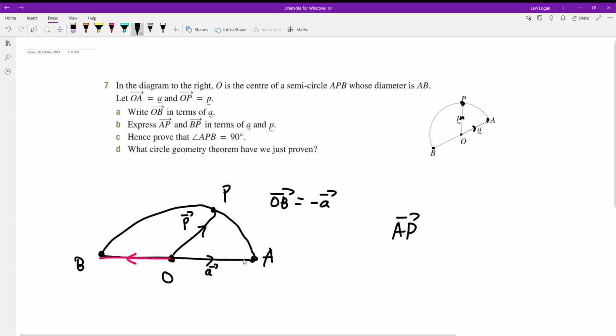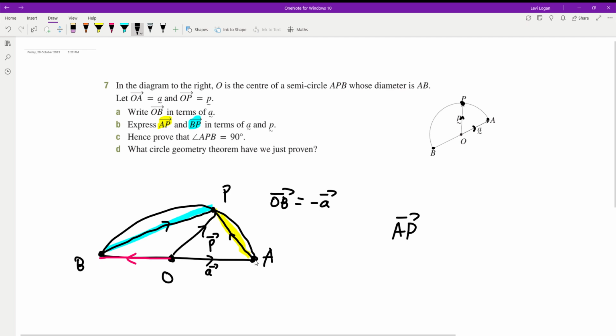It is this bit here. So this vector here is what we're trying to find, and we're also trying to find B to P. So if I move P out the way, this is B to P, and this here is A to P.